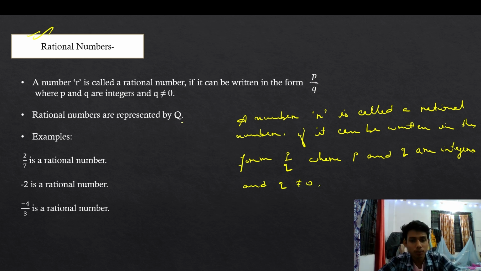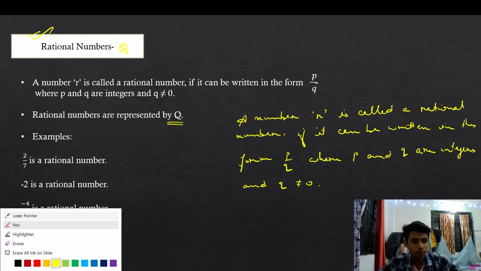Now the rational numbers are represented by capital Q. Now we'll see some examples of rational numbers.